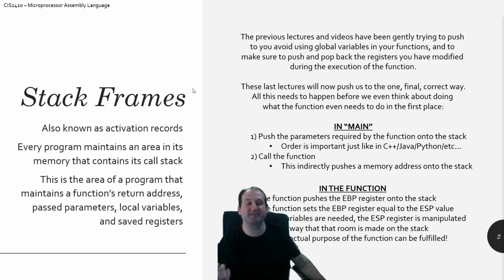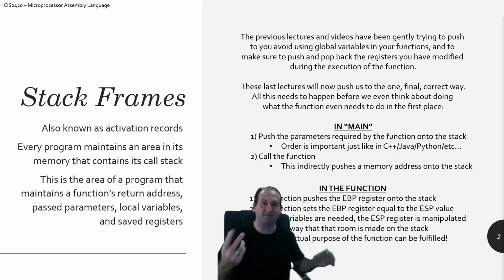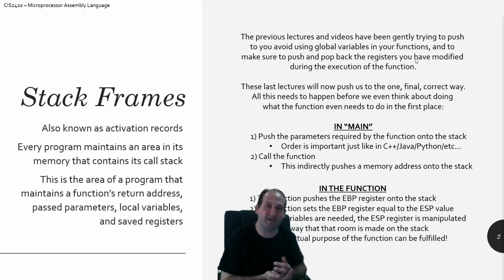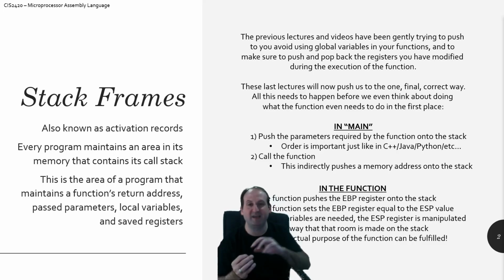In my previous lectures, I've been trying to get you to stop using global variables inside of your functions, because many of you still do, and that's a bad thing. The other thing I need to work with you on is to push and pop back the registers, because our contract when we create a function is that when we return from it, every other register that I promise not to blow out is put back in its place.